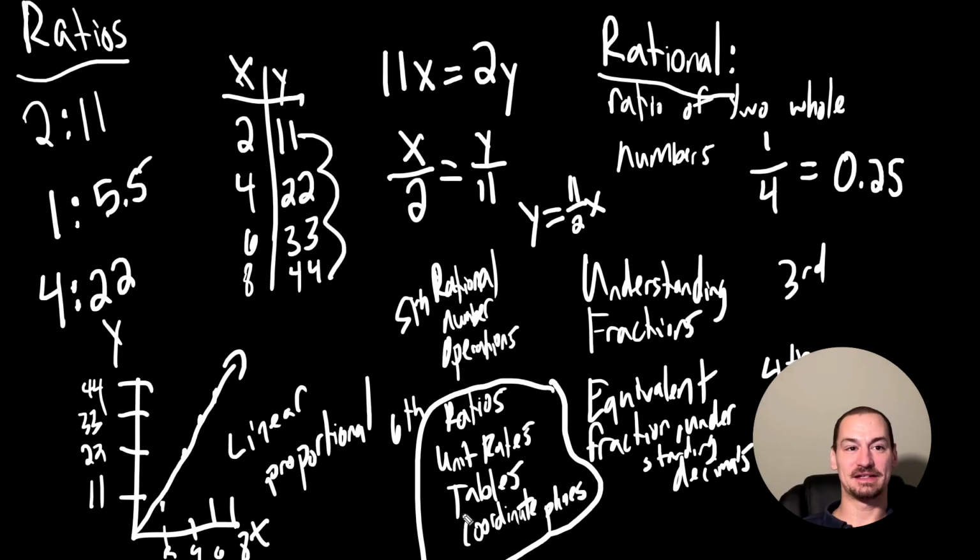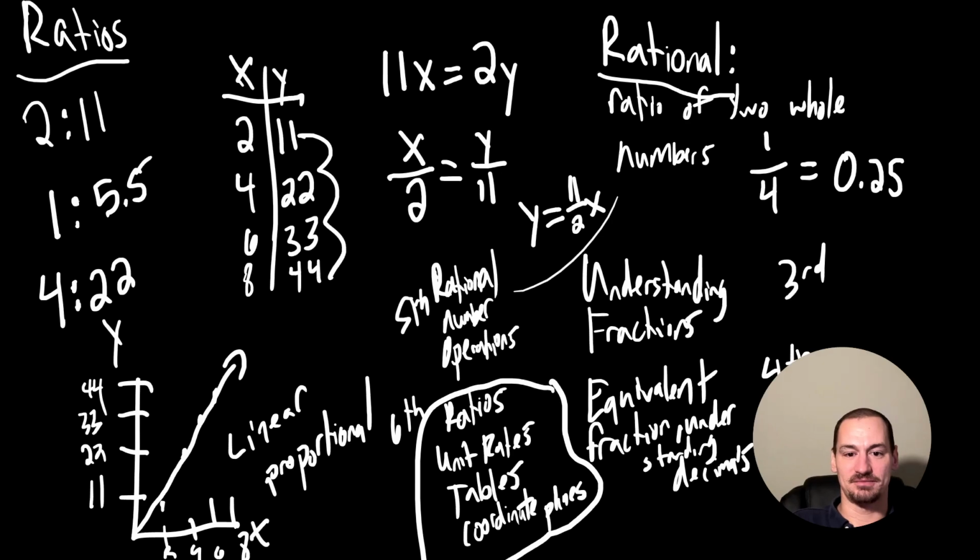And then starting into 6th, 7th, and 8th grade math, which is pre-algebra and algebra ideas, you start considering two quantities at once, either creating a unit rate from it or building a table from repeating that ratio, assuming the proportional relationship continues and creates a pattern. And you can create proportions and functions with that, which again is the basis of a lot of middle school and beginning high school math.